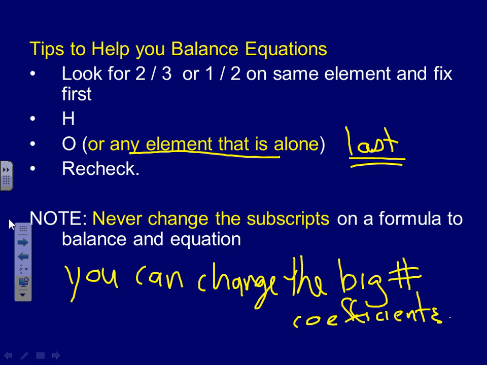Let's now do some examples once we get that last little bit of writing down there, if you're adding that to your little thing. So you can't change the little numbers, but we can change the big numbers that exist out in front. Some people wanted to write that last little bit, so I'm waiting there for a moment.